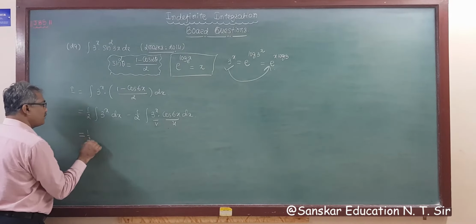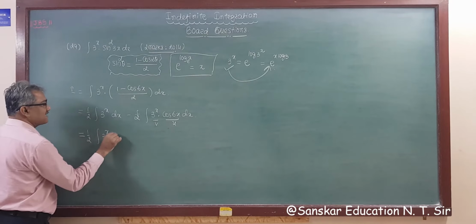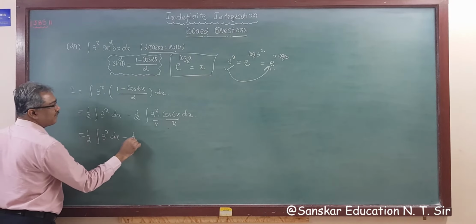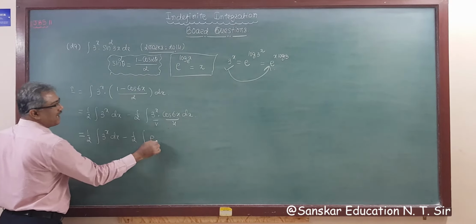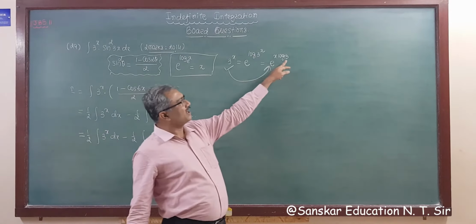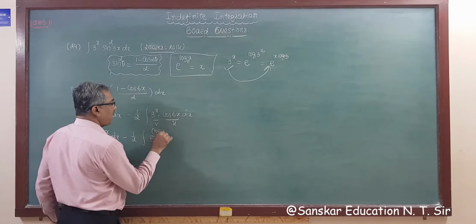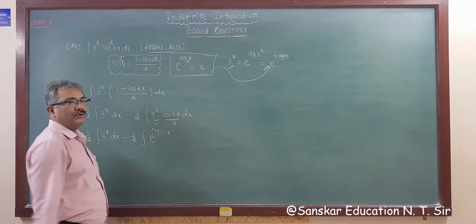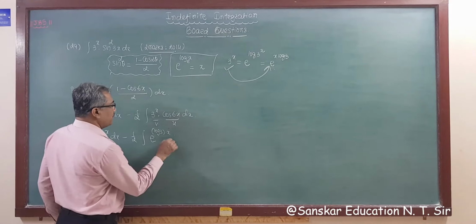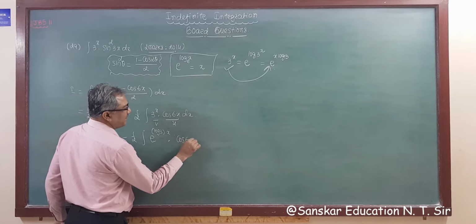So I am writing this here: 1 upon 2 integration of 3 raised to x dx minus 1 upon 2, this is e to the power, I am writing log 3 first, so log 3 into x, into cos 6x dx.